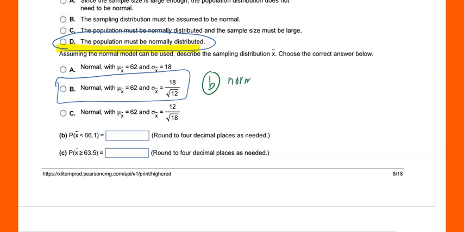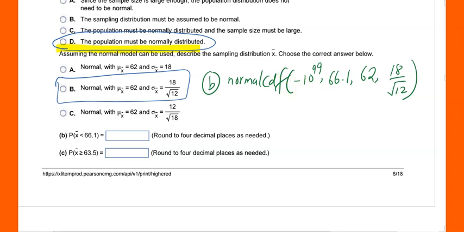Normal CDF, notice less than 66.1, that means 66.1 must be the upper bound because we are on the less side. What's the lower bound? Negative 10 to the power 99, since we don't have any, because less than 66.1 means we don't know how far less. 66.1 is the upper bound. The mean is going to be 62, and the standard deviation here is going to be 18 over square root of 12.